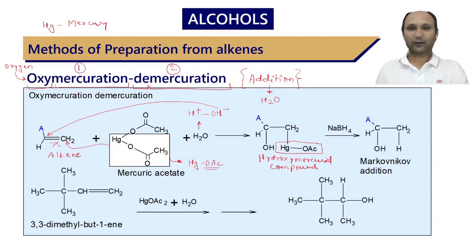So this kind of reaction where hydrogen is attached to any compound is called a reduction reaction. We are familiar with this. Okay, so this reduction reaction with the help of sodium borohydride results in an alcohol which shows the Markovnikov addition product.